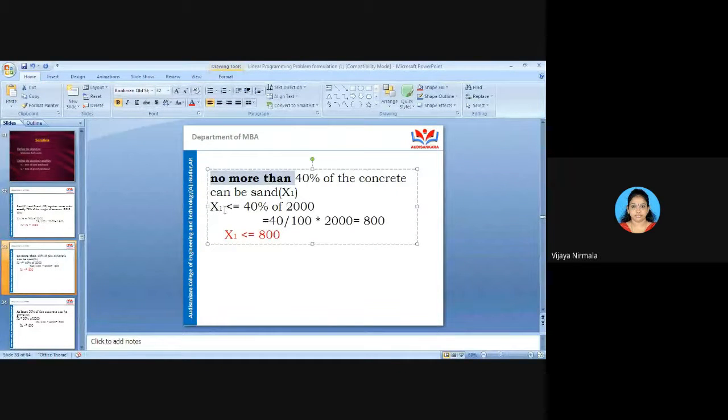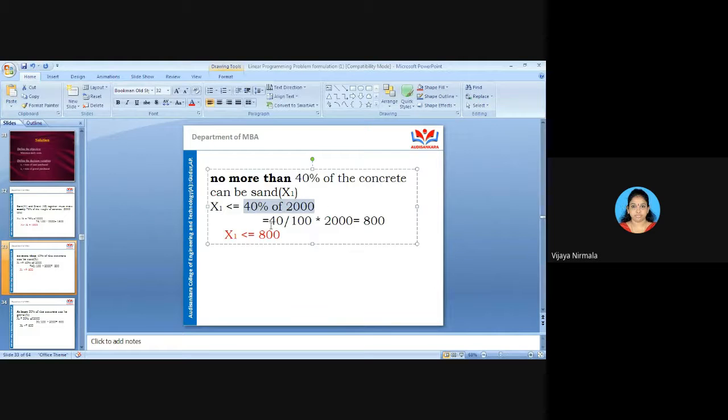So x1, here they are talking about x1, right? x1 is no more than, in the sense less than or equal to what? How much percent did they say? 40% of the concrete. So 40% of 2000.